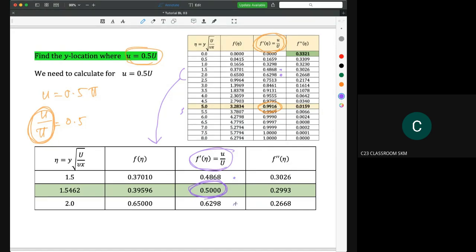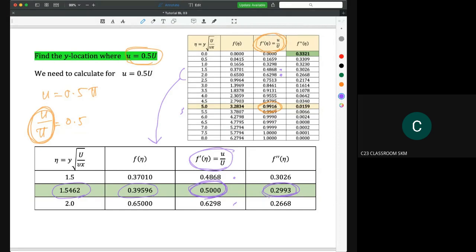So we could calculate that eta is equal to 1.58, f eta is 0.39, f double prime eta is equal to 0.2993. I hope you know how to calculate this one.